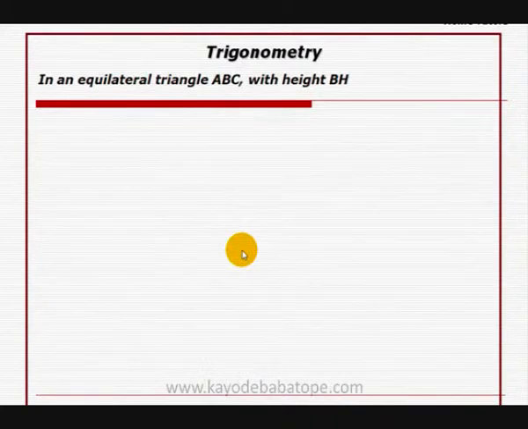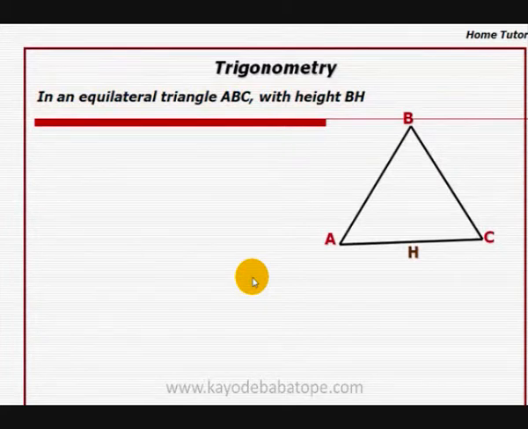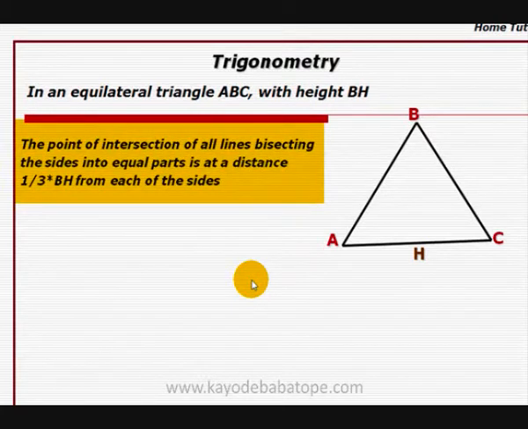Another point of note, in an equilateral triangle ABC with height BH, this is a very important point you need to note. What does an equilateral triangle mean? It means a triangle that has all of its sides equal. Now, if this triangle has a height BH, the point I want you to remember is that the point of intersection of all the lines bisecting the sides of the triangle into equal parts is at a distance 1/3 times BH from each of the sides.